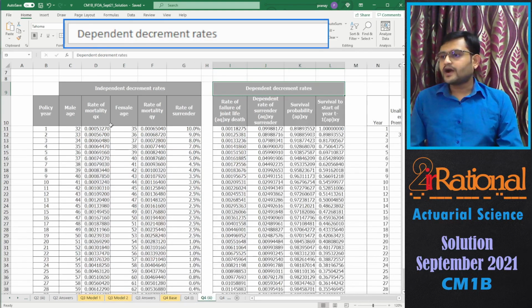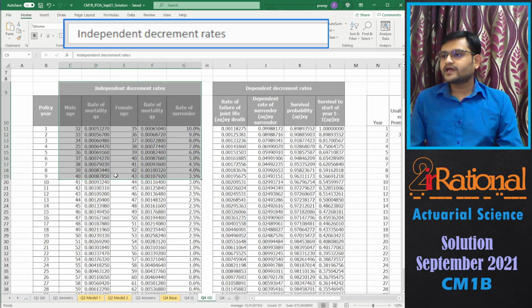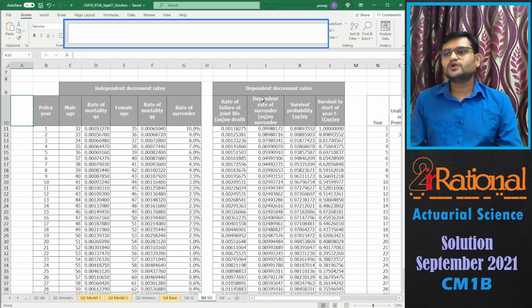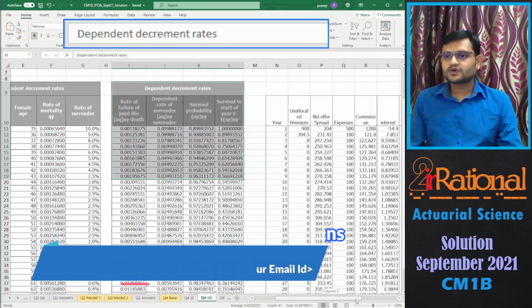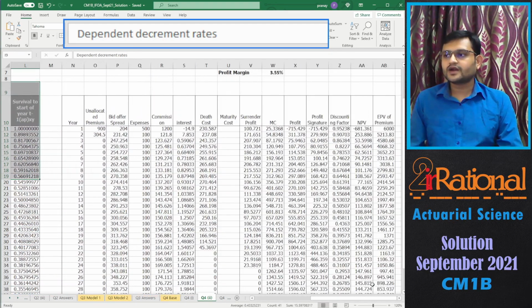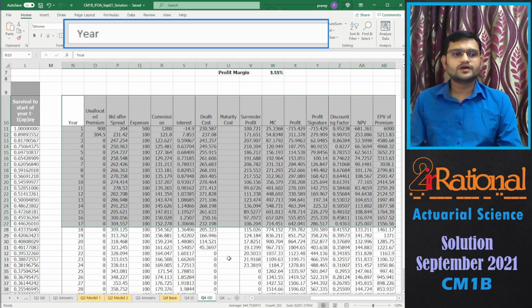For the second part, they have given us our independent decrement rates here, and we will be using that to find our dependent decrement rates. And also we will be making our profit testing table.